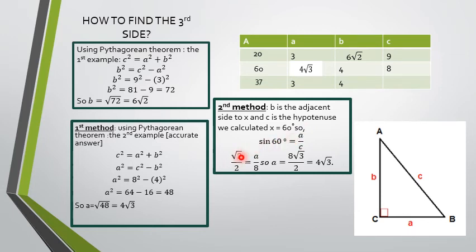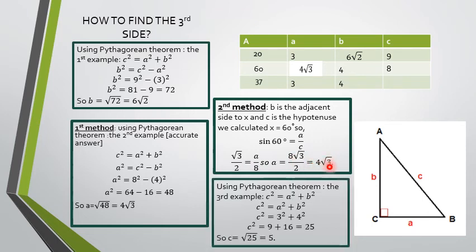Sine 60 degrees, we know it is radical 3 over 2, and if we don't know it, we can use our calculators to find it. It's equal to a over 8. We cross multiply, 8 times radical 3 over 2, and we get the answer 4 radical 3.